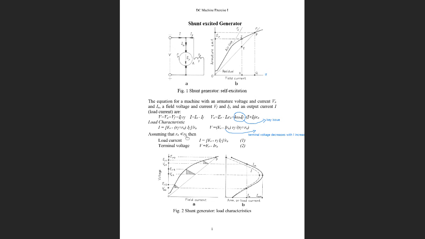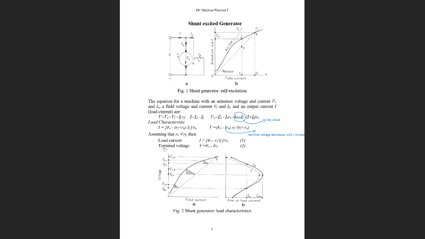In such a way, RA can be neglected when it is added together with RF. Then the above equations can be simplified: the loading current equals the internal generated voltage minus RF over RA. Since RA is usually much smaller than RF, the loading current may be much bigger.